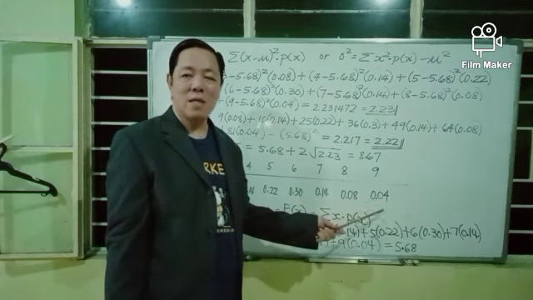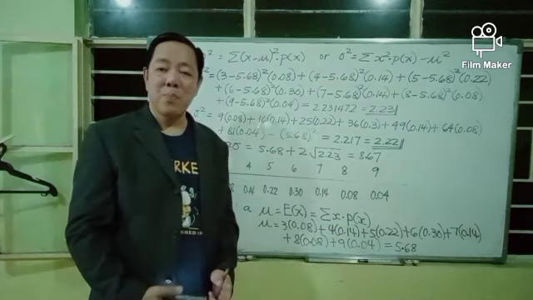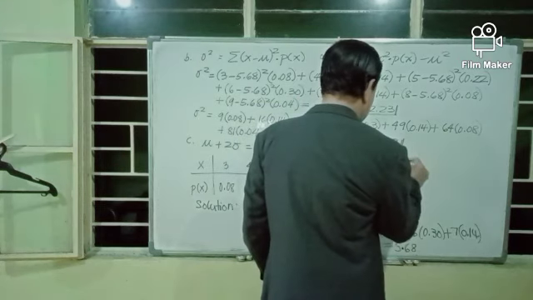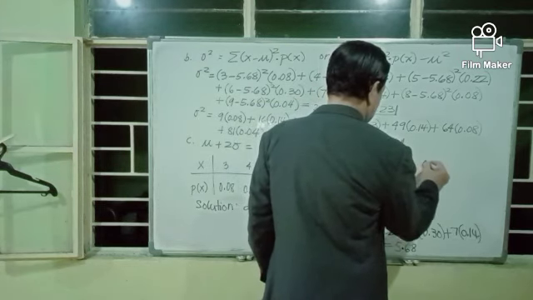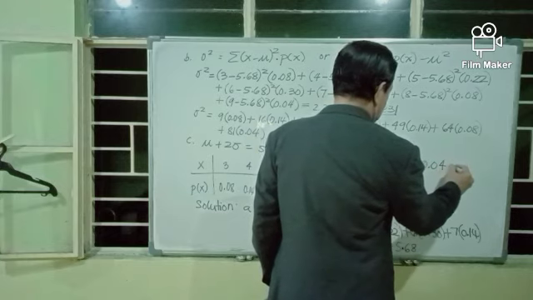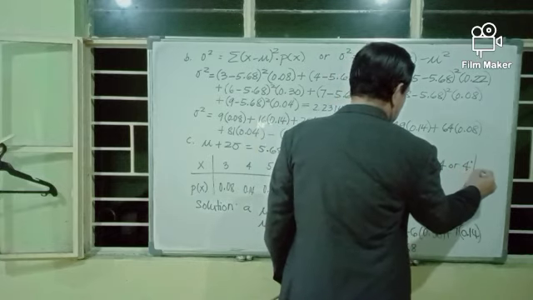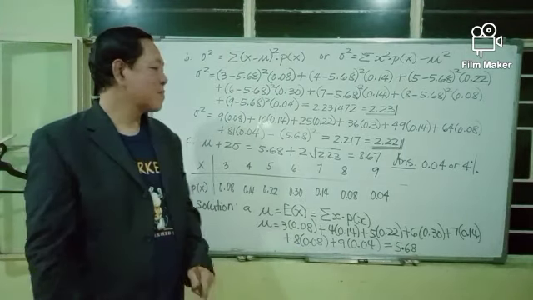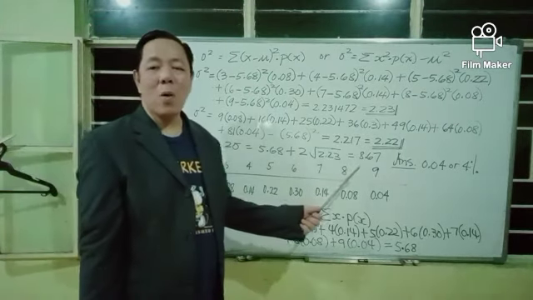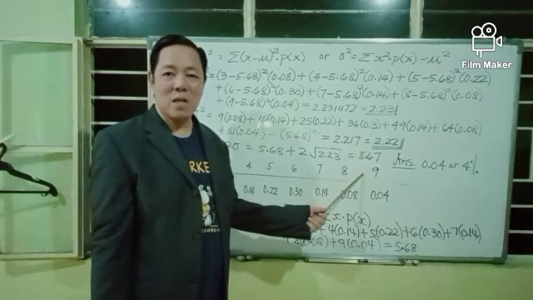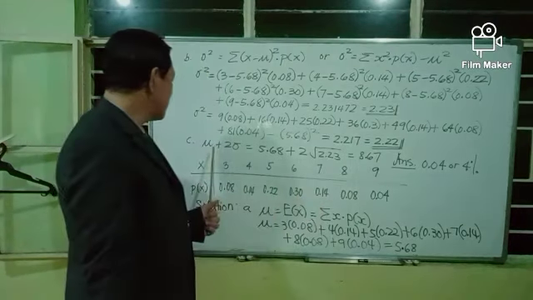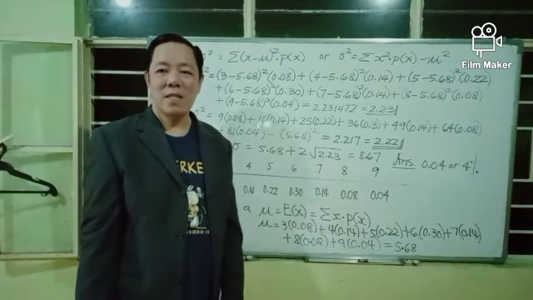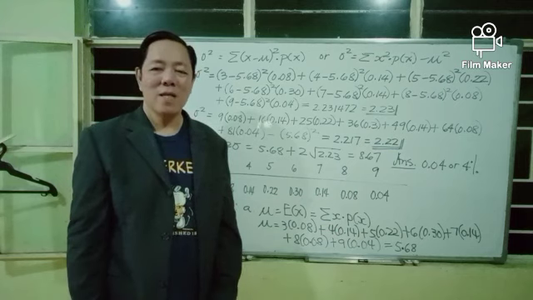Thus our answer is 0.04, or 4 percent. Specifically, only one value of x, x equals 9, exceeds mu plus 2 sigma, which is equal to 8.67. And that completes our solution for our example 2.